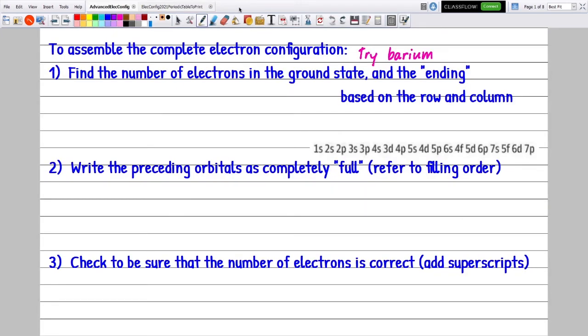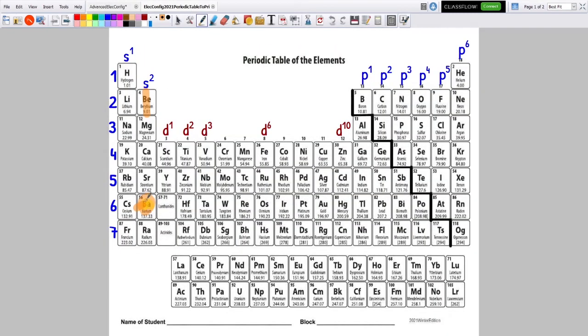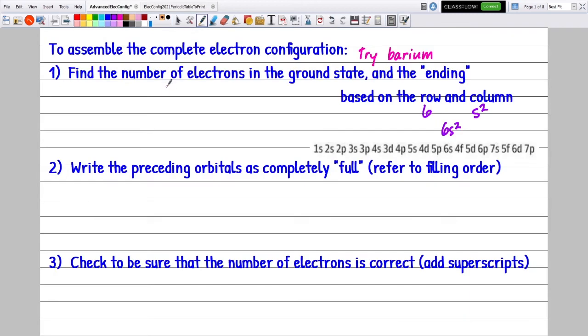So we know that barium is in the 6th row and in column S2, and so we know that the ending is going to be 6s2. We also know that the number of electrons has to be equal to 56. 56 protons in the ground state, 56 electrons in the ground state.